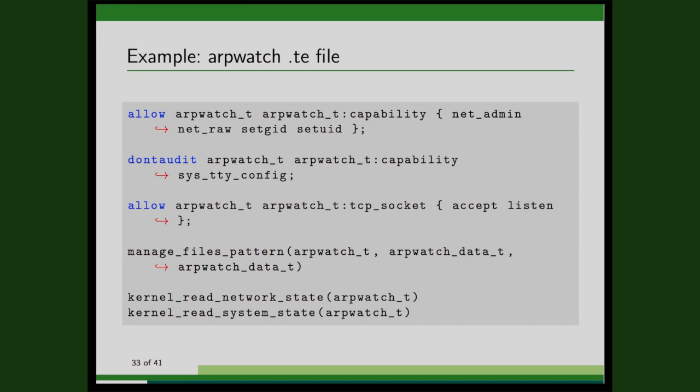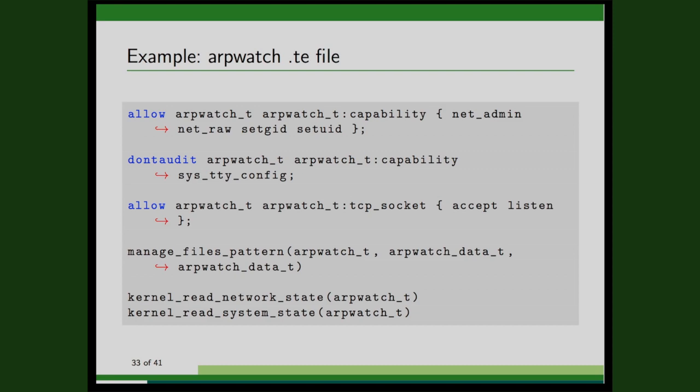Finally, we allow it to read the kernel network state and the kernel system state with those interfaces. And they are an example of an interface that is provided by a module. So there's a module for the kernel, and the kernel provides several interfaces so it can encapsulate its implementation details.